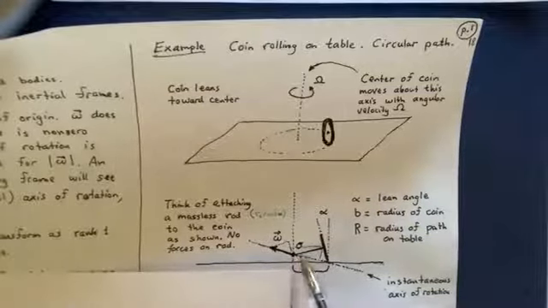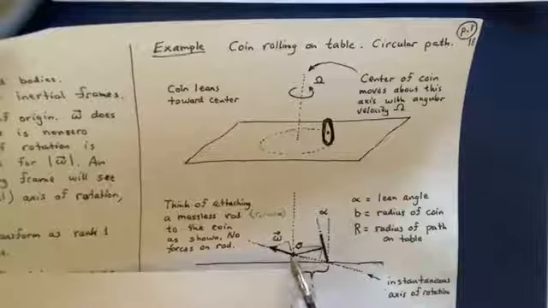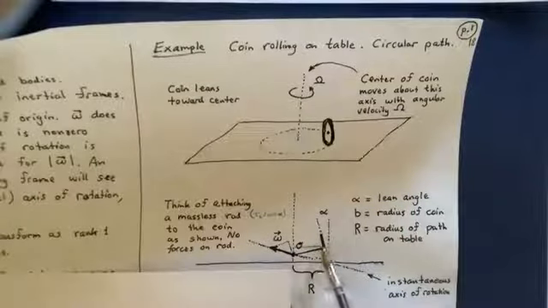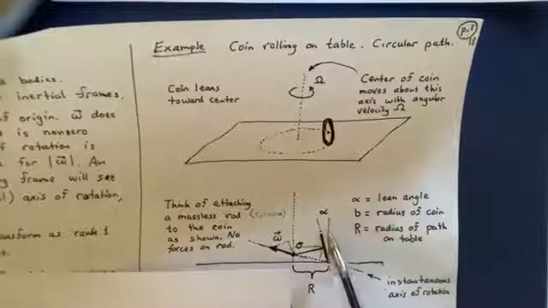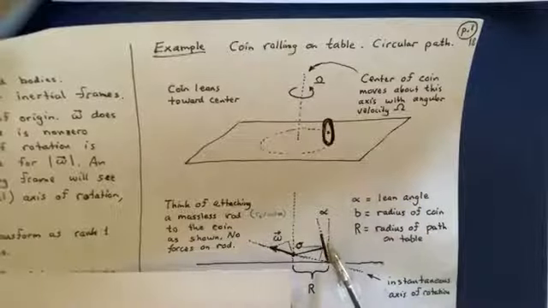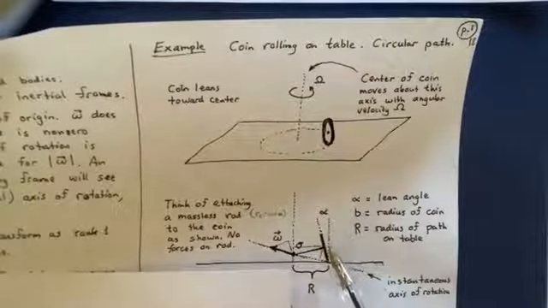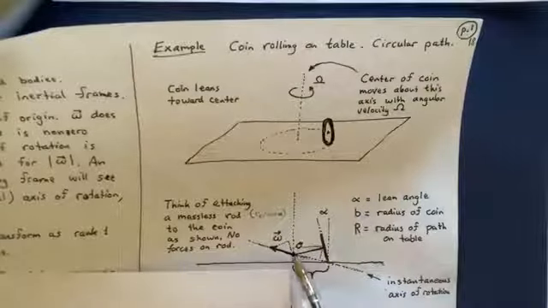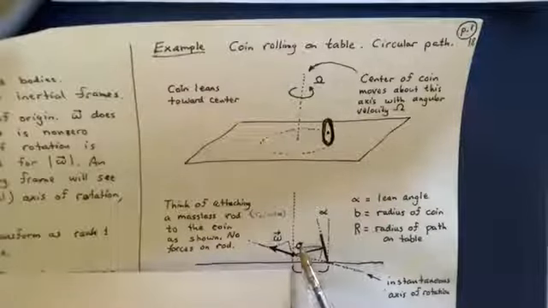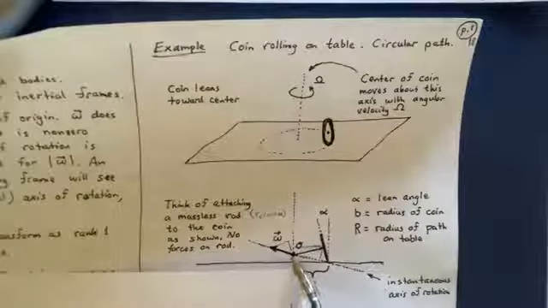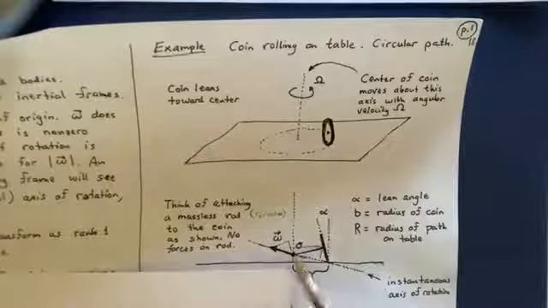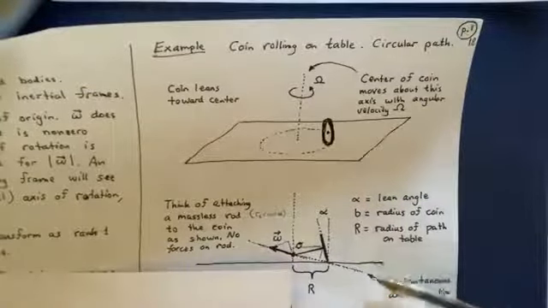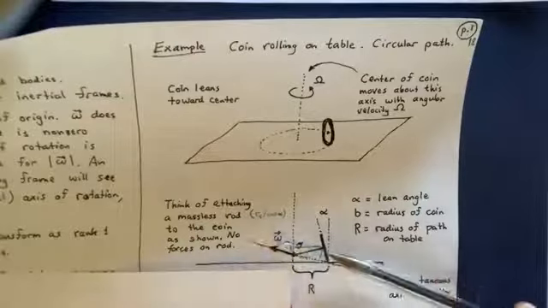Again, it's useful to think of a piece of styrofoam glued onto the coin. That styrofoam then is very much a part of the rigid object, as are the actual molecules of metal in the coin. And this point on the styrofoam is motionless. Okay, we're going to call that cursive capital O. That's the origin. All right. The lowercase omega vector must point along this instantaneous axis of rotation.